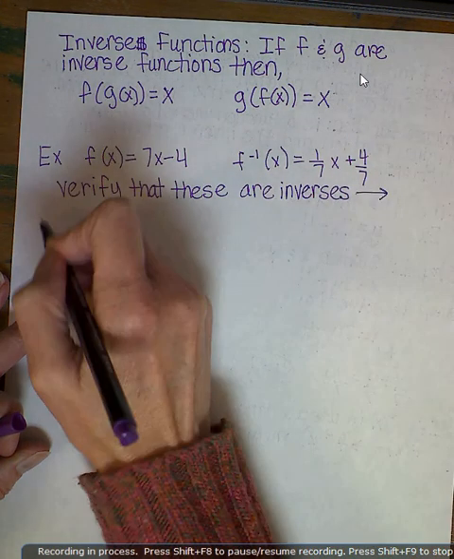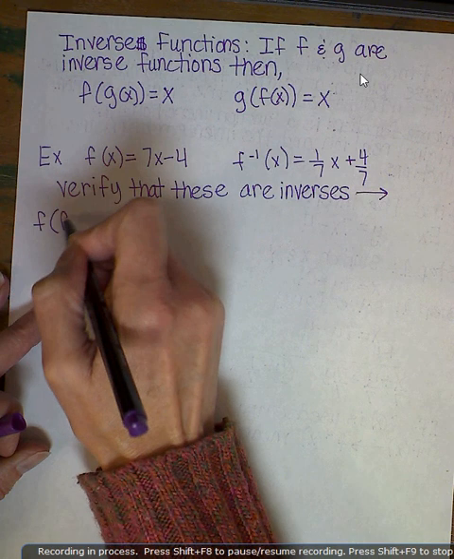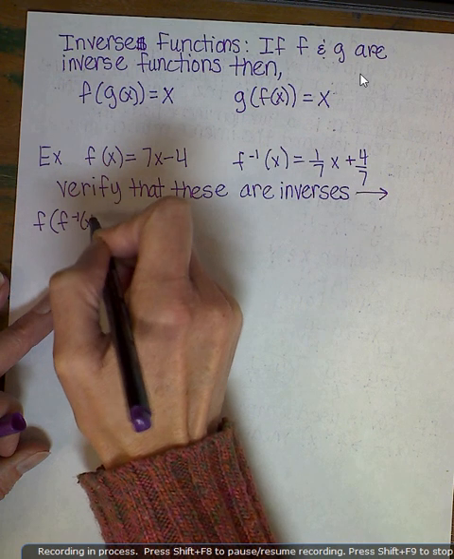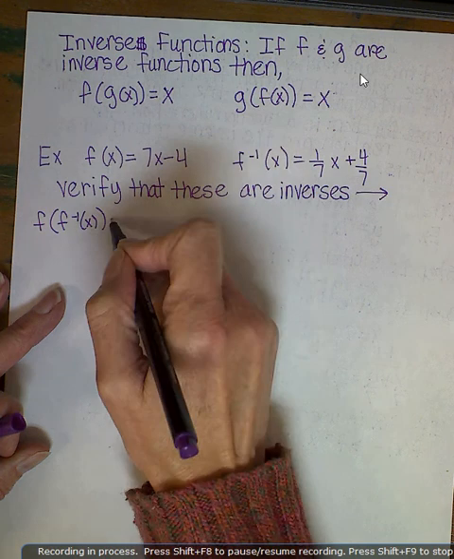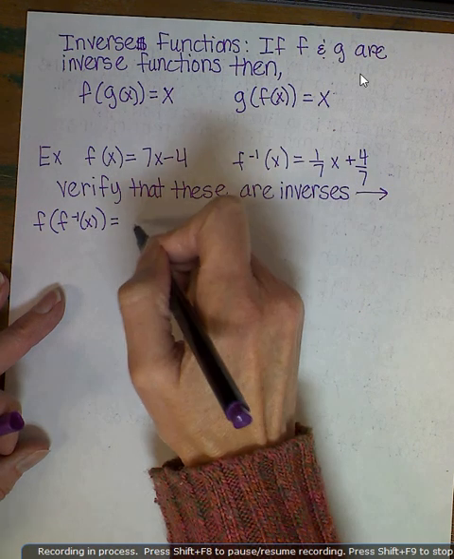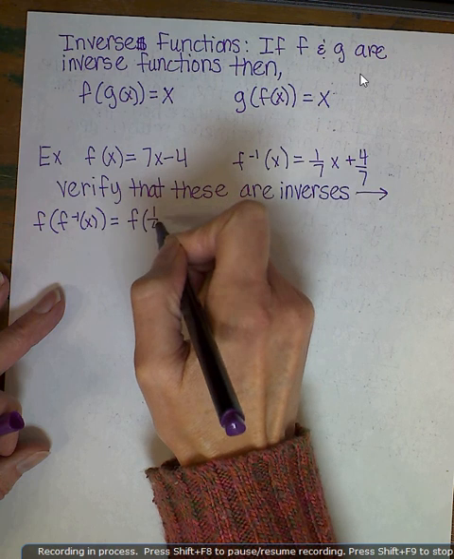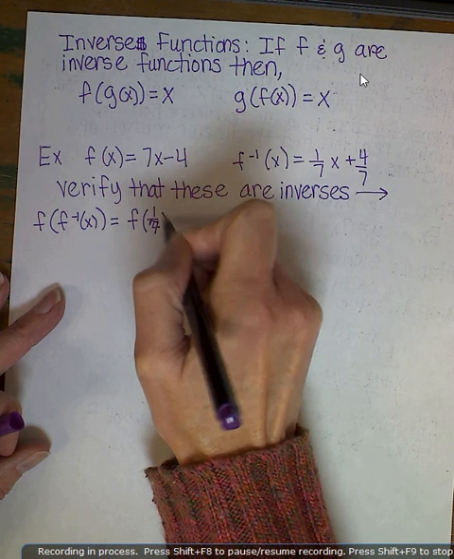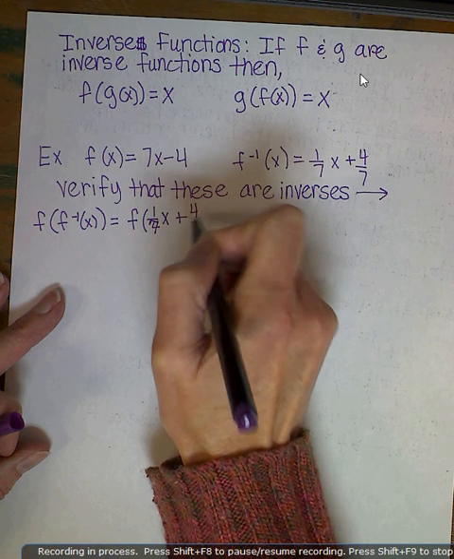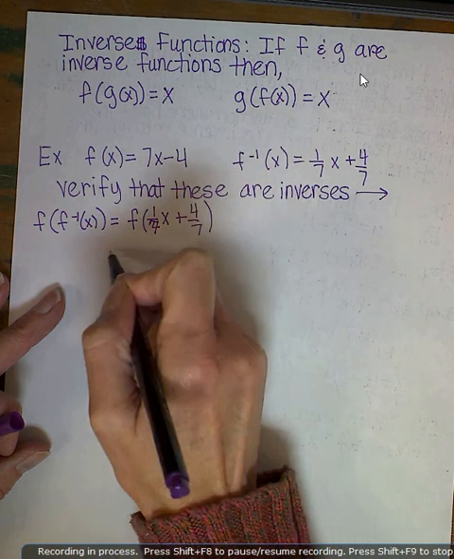So what I need to do is plug in the inverse inside the original and show that it equals x. So if I plug in the inverse function, sorry, that's a 7, this is what it will look like.